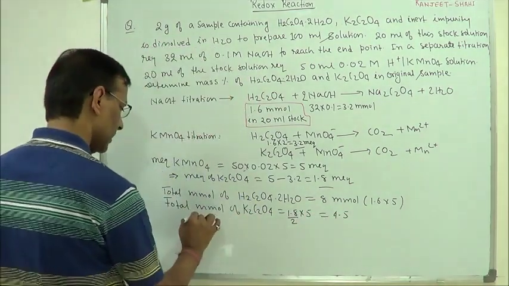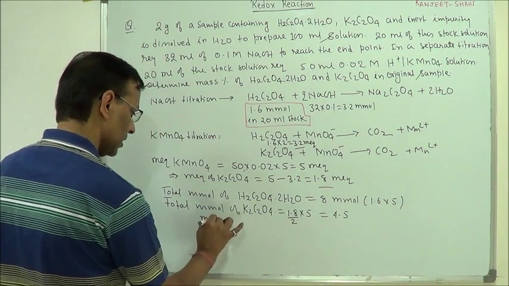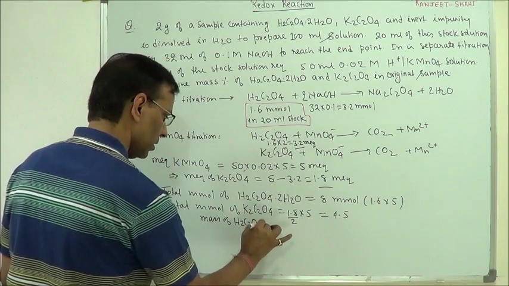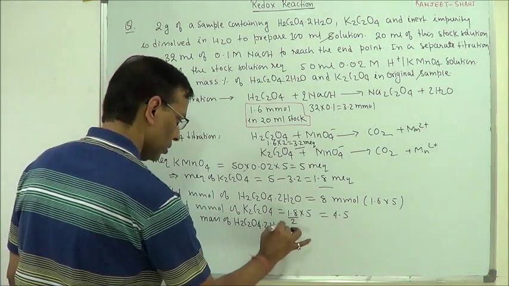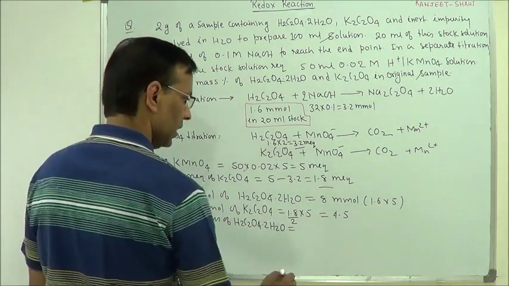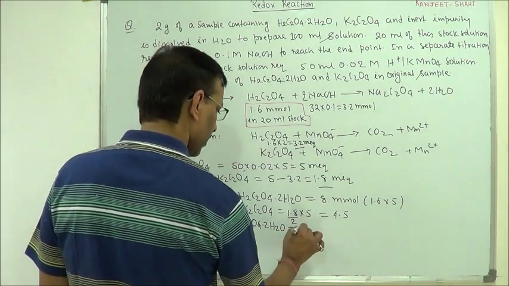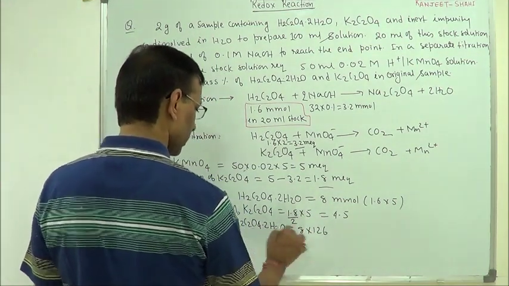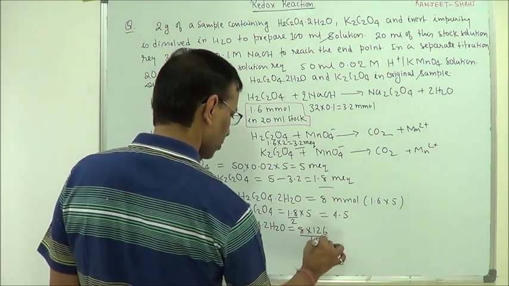So mass of H2C2O4 dot 2H2O will be 8 into 126, molar mass is 126, divided by 1000.